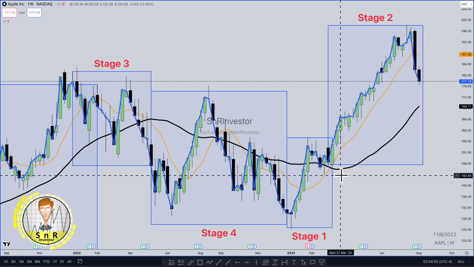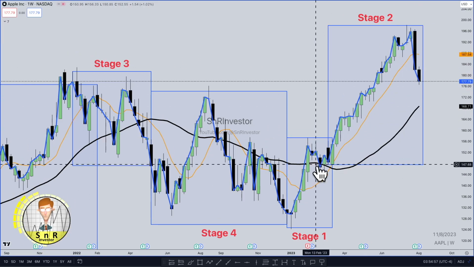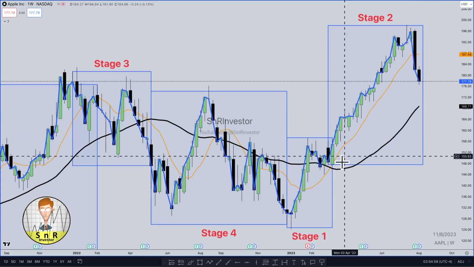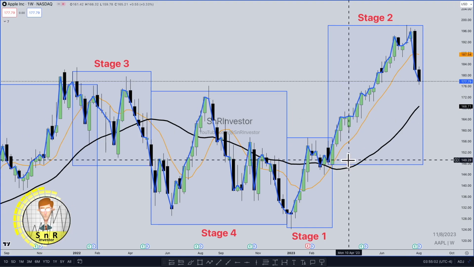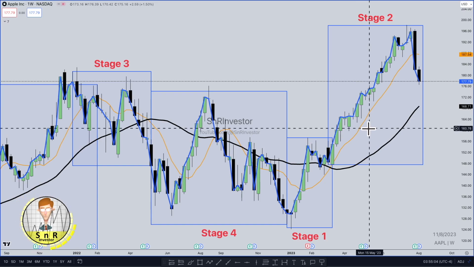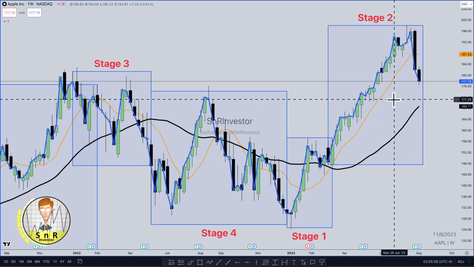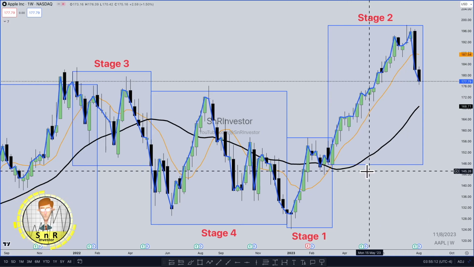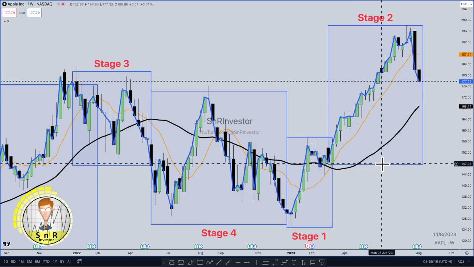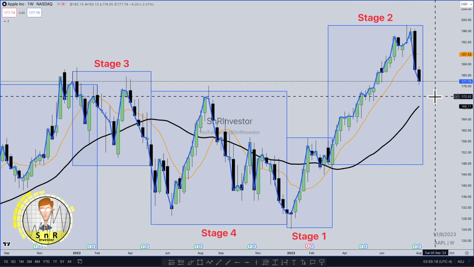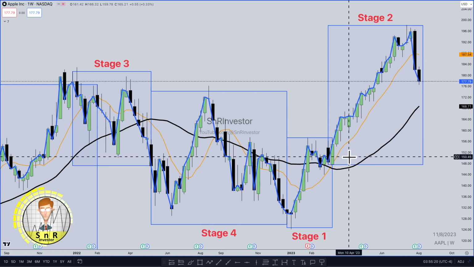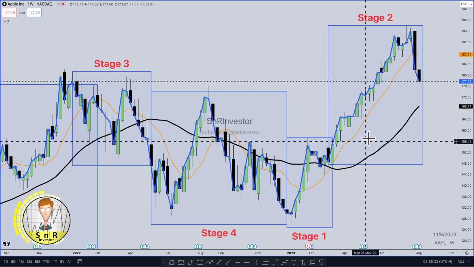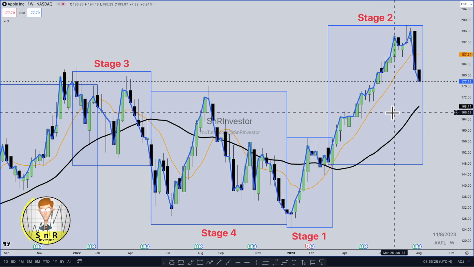And you can also use the 10-week moving average, similar to the 30-week moving average, for trade management as well, whereby you can lock in your profits by setting a stop loss underneath the moving average itself. So if you are a longer term investor, you want to move your stop loss underneath the 30-week moving average. If you are a shorter term investor, you will want to move your stop loss under the 10-week moving average.